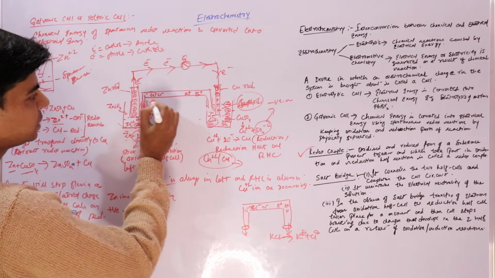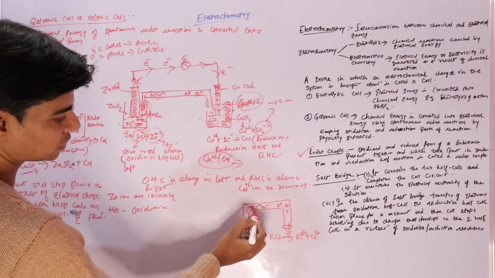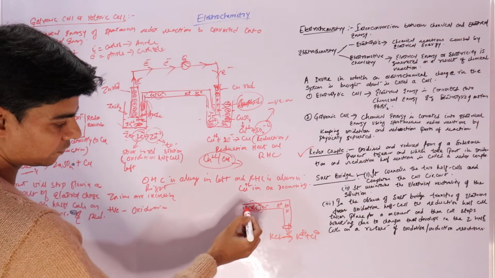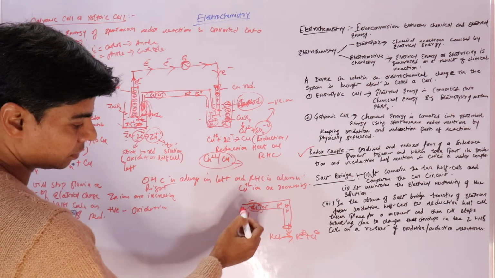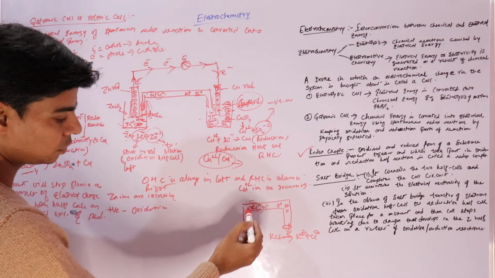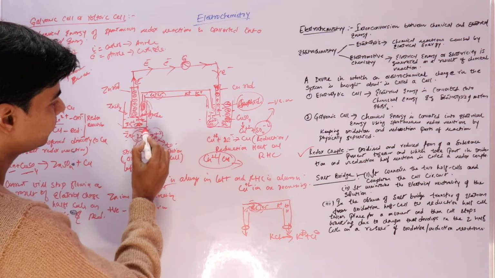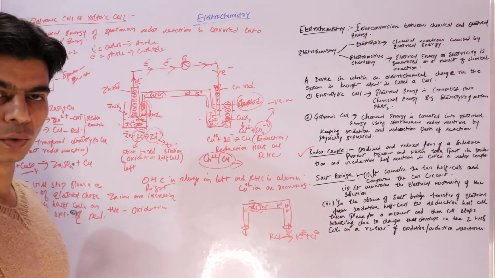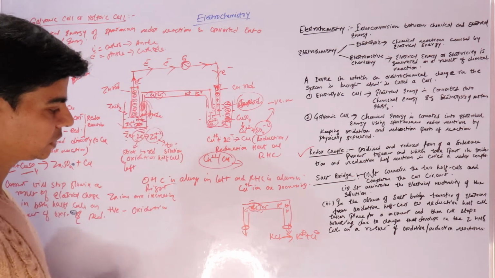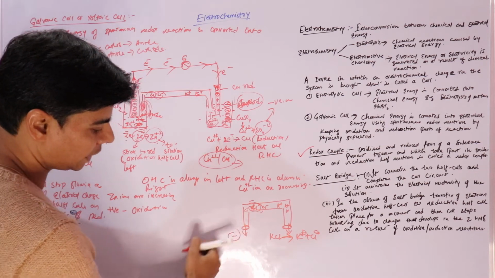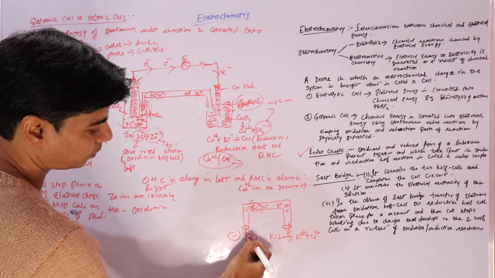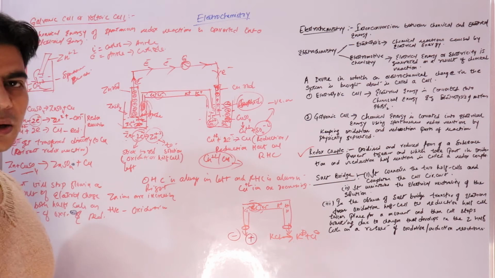The negative chloride ions will move out of the salt bridge into the oxidation half cell, or anode, where we have positive charge. So these negative chloride ions will neutralize the positive ions in the oxidation half cell.